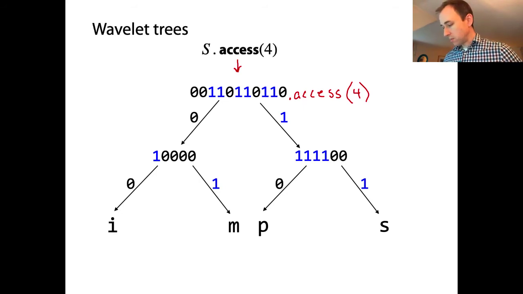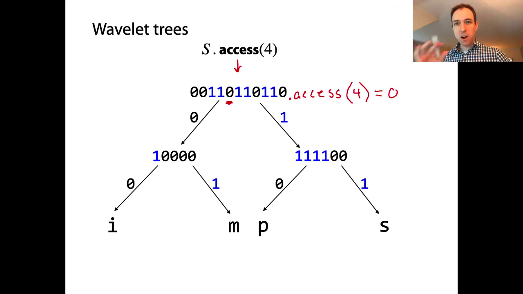So what will the answer be? Well, it's whatever's at offset 4: 0, 1, 2, 3, 4. It's this 0 right here. So the answer to that query will be a 0. You might be looking at this and saying, what happened here? The original question was access 4, and all we did was turn around and ask the access 4 question. Isn't that kind of circular? But no, there's a difference, because this is the question being asked over the string, and this is the question being asked just over the bit vector in the root.